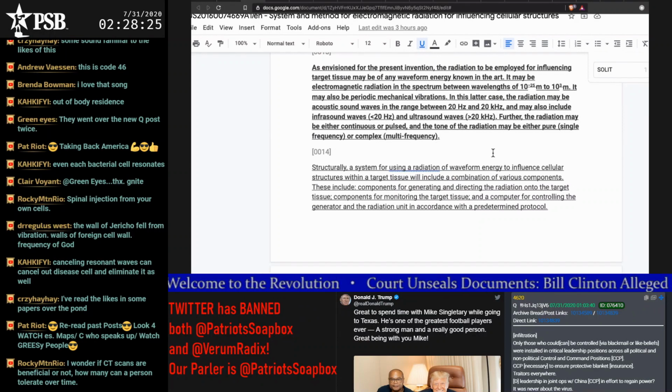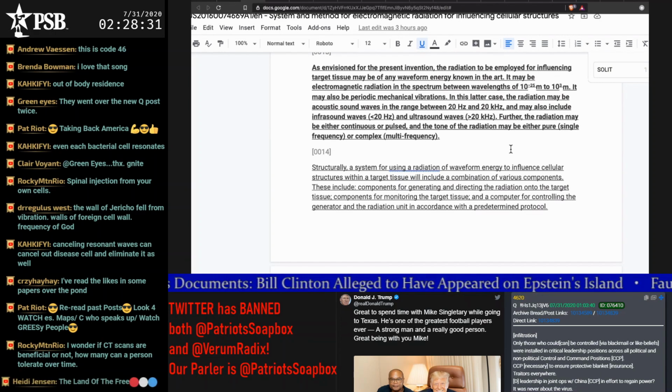Now, what does that mean? A pure single frequency isn't going to give you a great amount of bandwidth if you're looking at a wireless communication system, for example. A complex or multi-frequency transmission will.